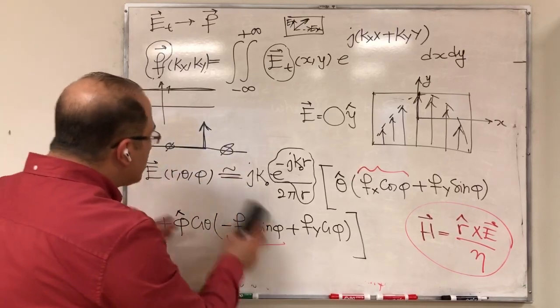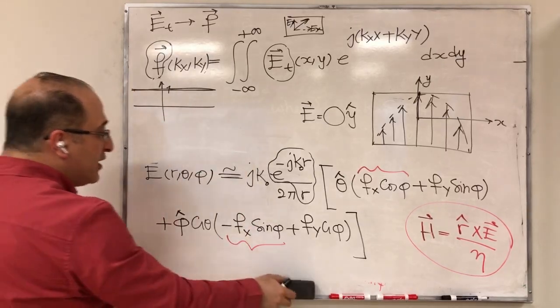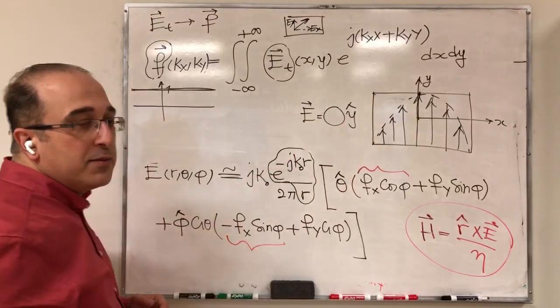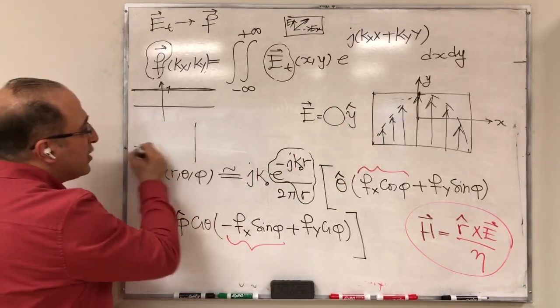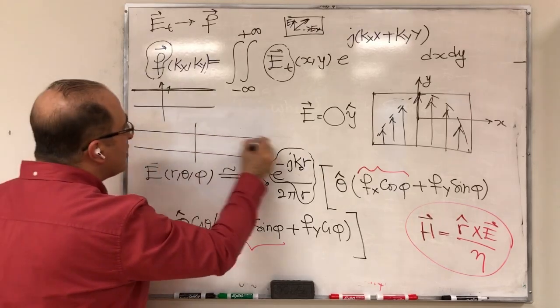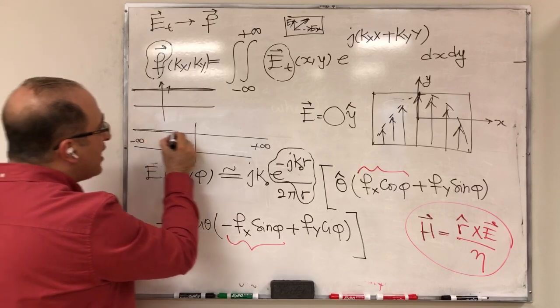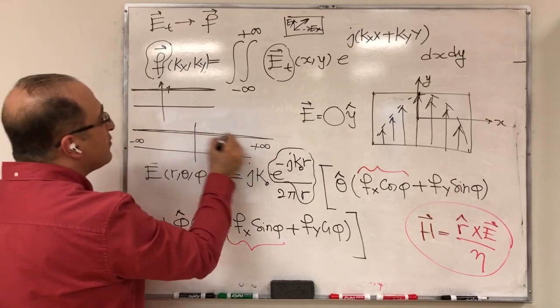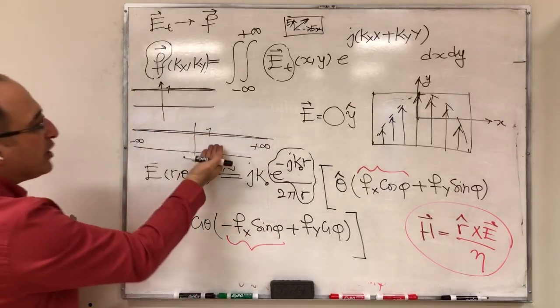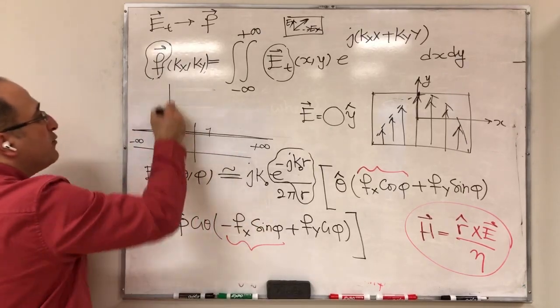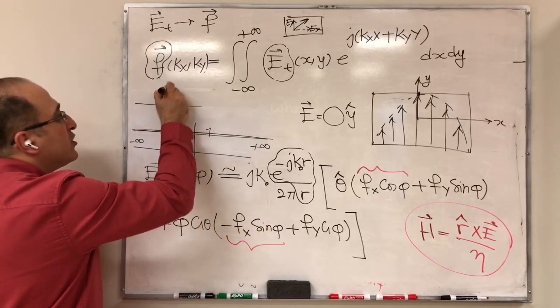Now, let's do the reverse thing. Now, let's assume that you have an aperture that goes from minus infinity to plus infinity. So you essentially have electric field everywhere. So let's assume 1. Now, what would be the Fourier transform of this? Fourier transform of this would be a Dirac delta function.